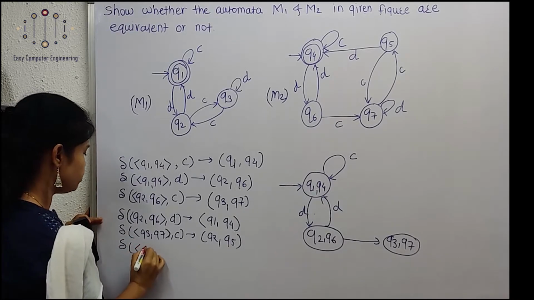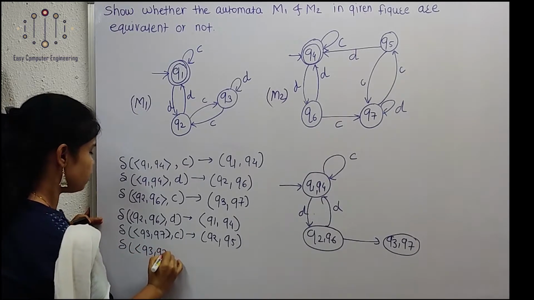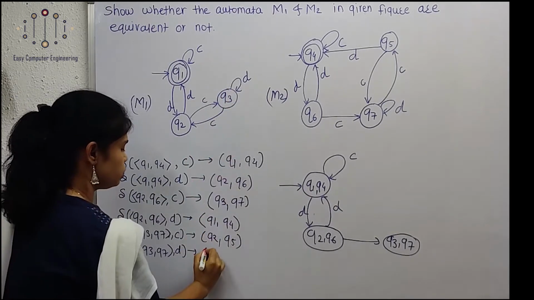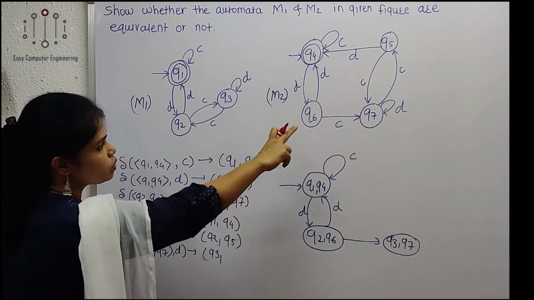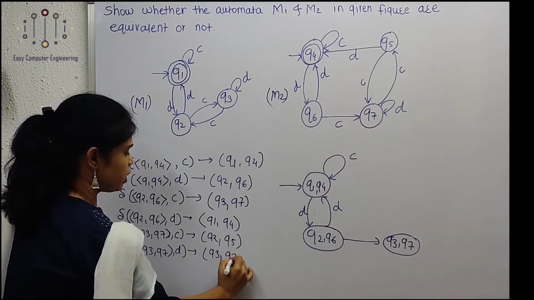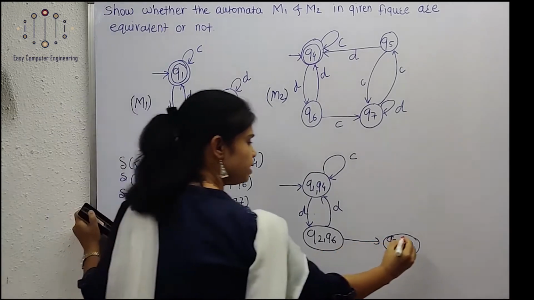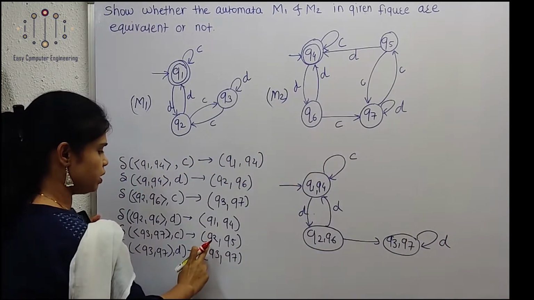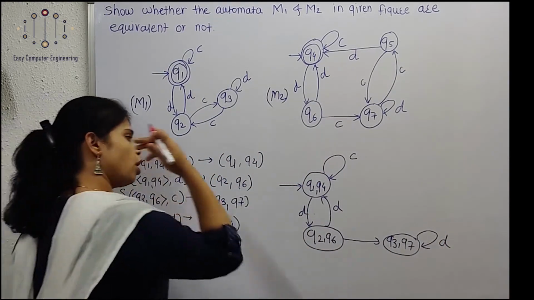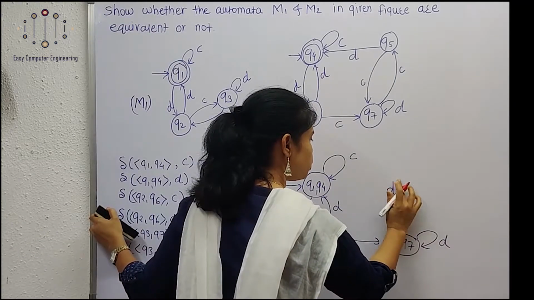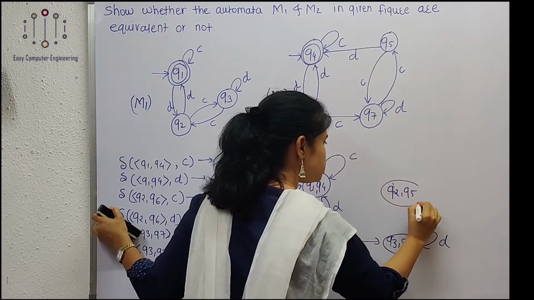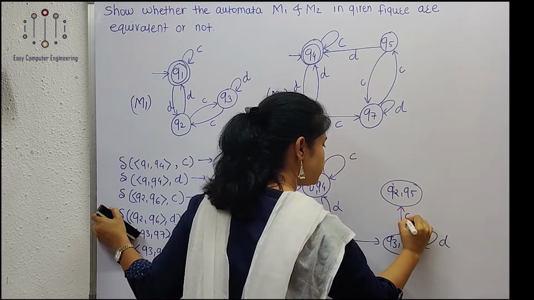Again for Q3, Q7 on D: Q3 on D goes to Q3 itself, and Q7 on D goes to Q7 itself, so for D this state goes to itself. From this one we got the new state Q2, Q5 on the C transition.